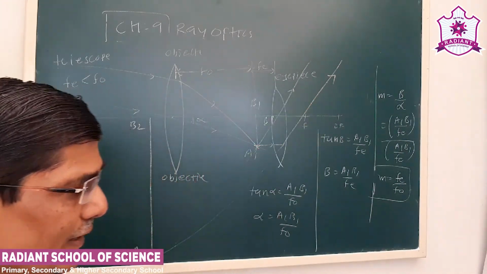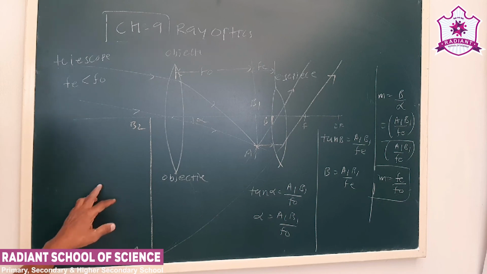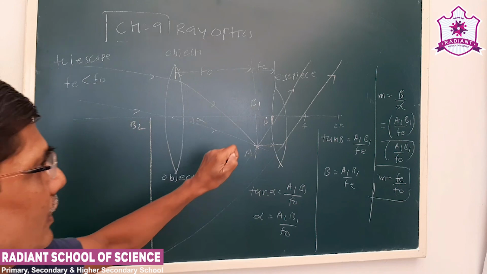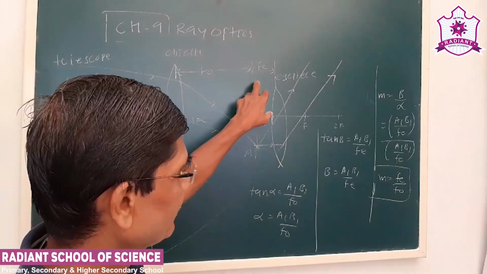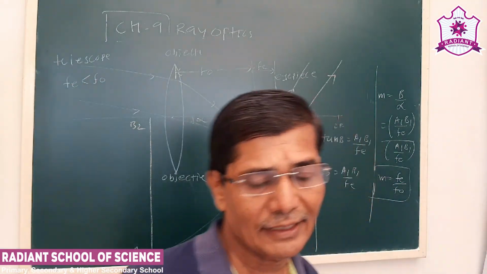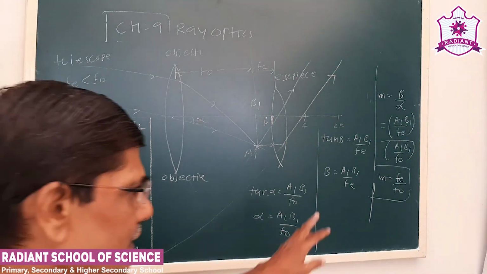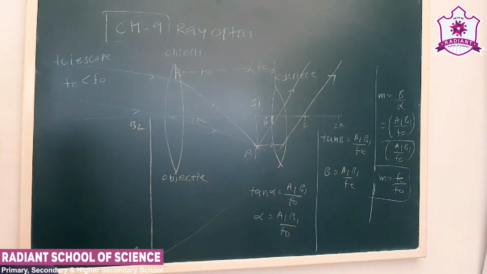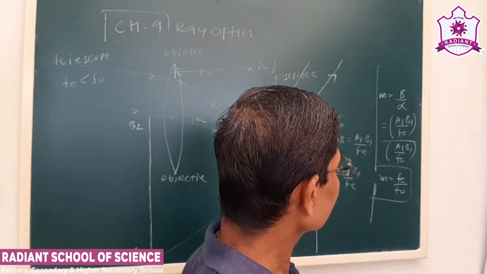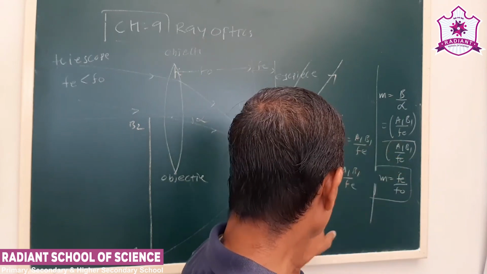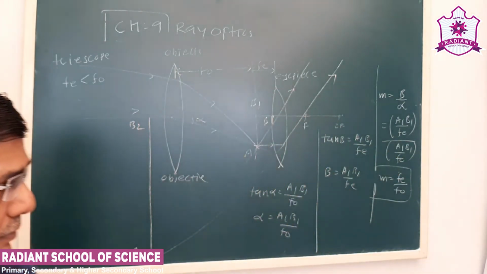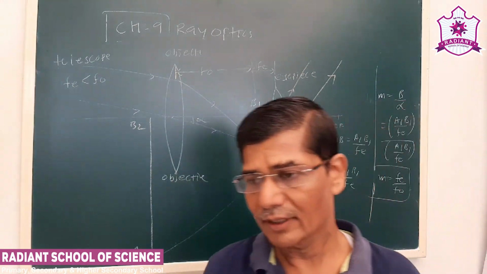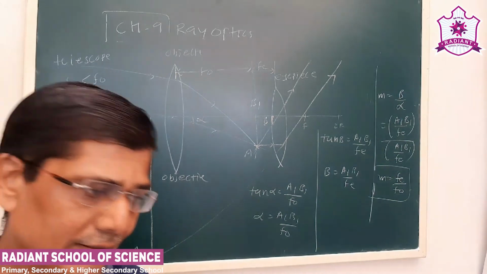So the final image is formed here, A2 B2. Now tan alpha is A1 B1 upon F0, and tan beta is A1 B1 upon Fe. When the angle is small we can say tan theta is theta. Now the magnification is given as beta upon alpha, that will give the result F0 upon Fe. So this is about the astronomical telescope which uses only lenses, that is a refracting telescope.